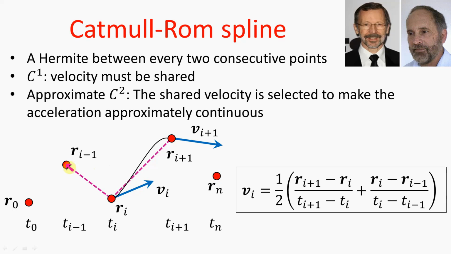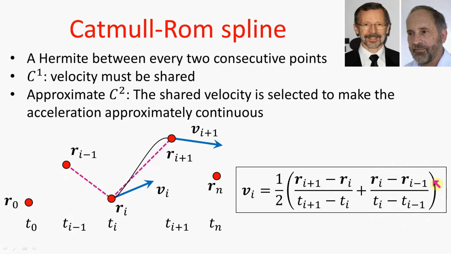So let's see how an appropriate velocity vector can be found at a particular point. Assume that the motion is a linear uniform motion between these two control points. Then the velocity of this linear motion would be the translation, which is Ri minus Ri minus 1, divided by the time needed by this motion, which is Ti minus Ti minus 1.